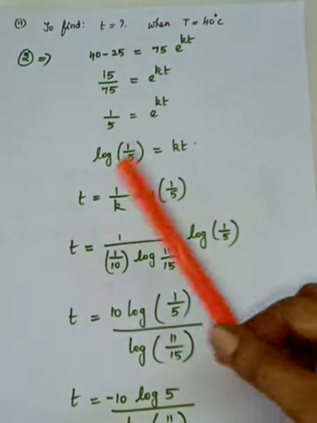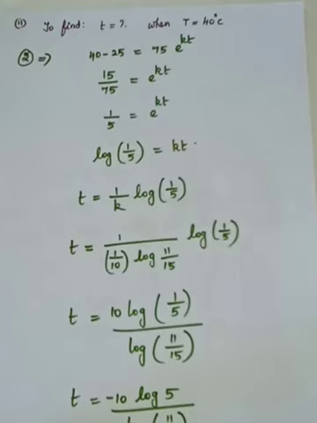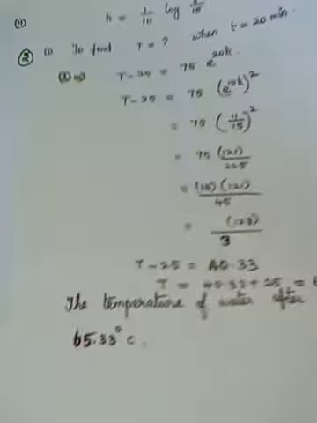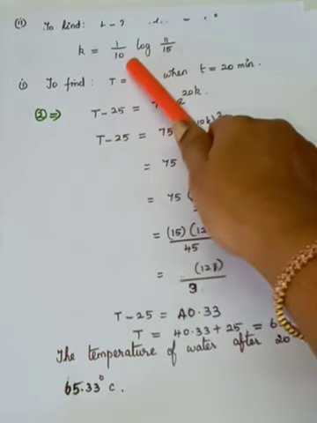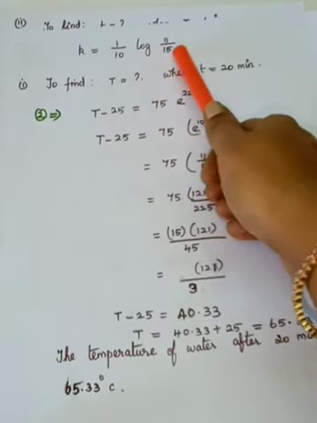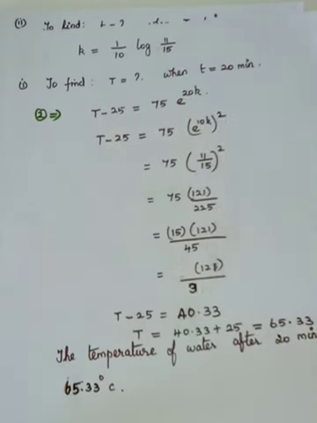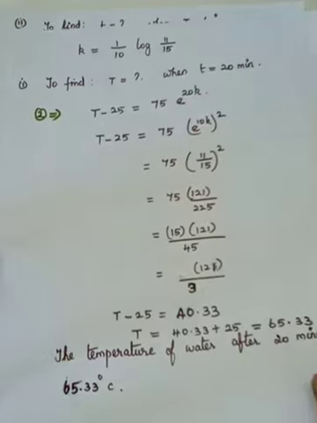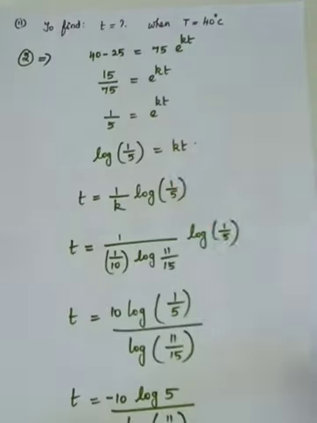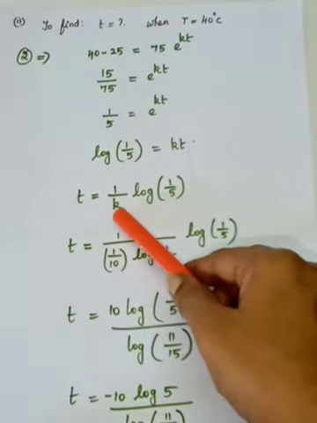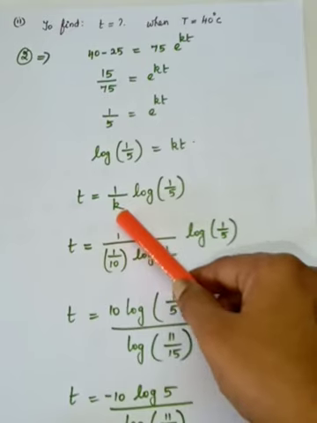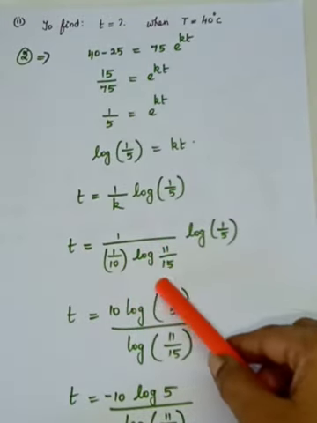So t is equal to, already we have found what is k. The k value we have found is 1 by 10 log of 11 by 15. So here your k is in the denominator, so the k value is substituted here.